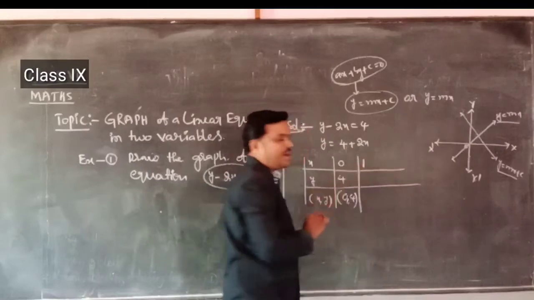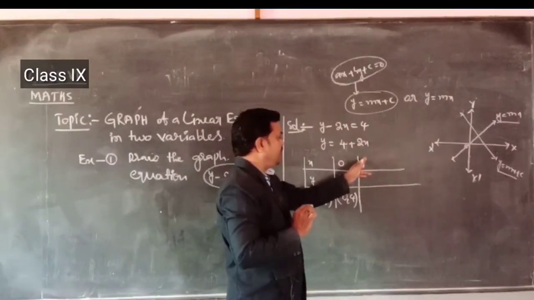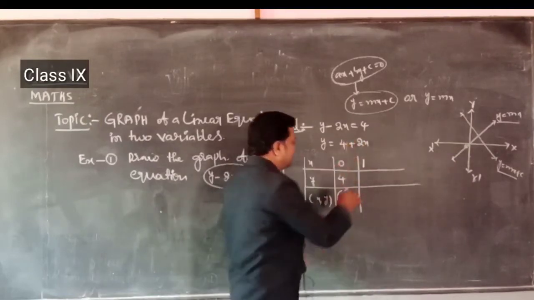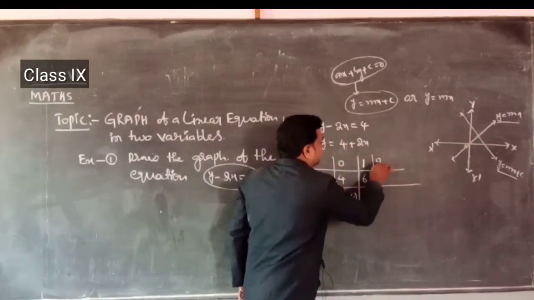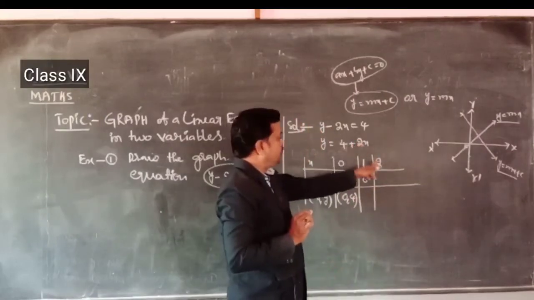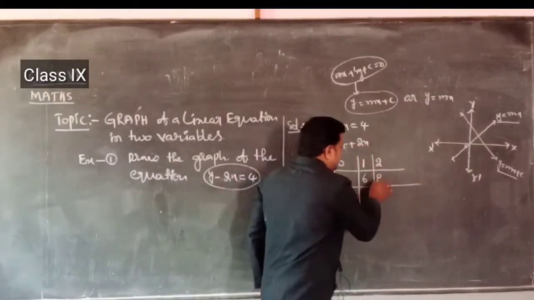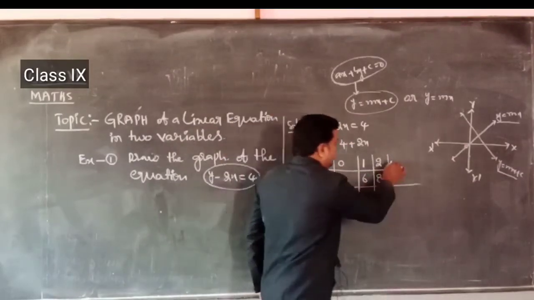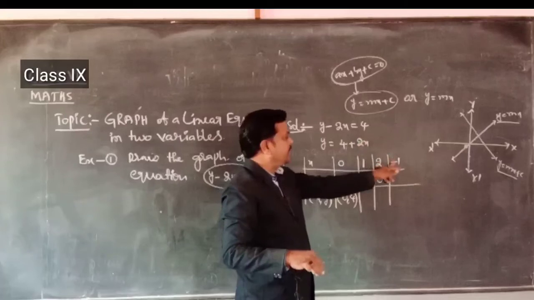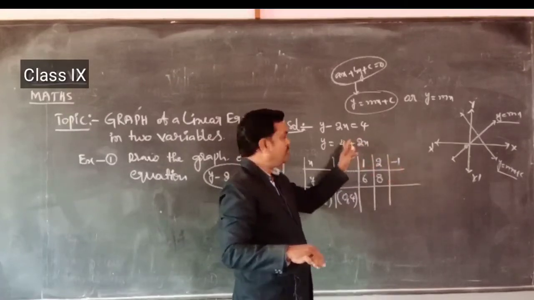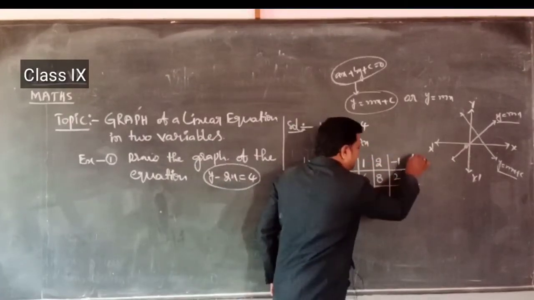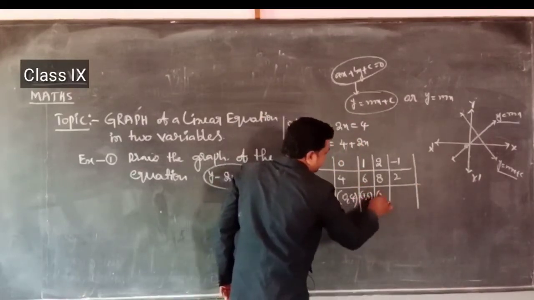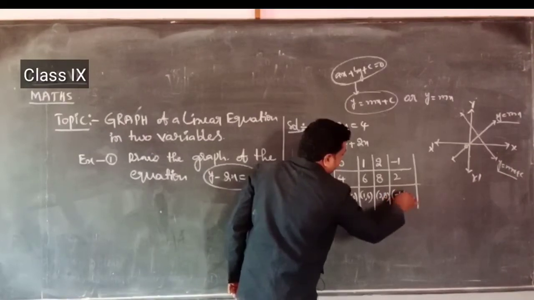Second, take 1: 2 into 1 is 2, 2 plus 4 is 6. Next 2: 2 into 2 is 4, 4 plus 4 is 8. Now I am taking the negative integer minus 1: 2 into minus 1 is minus 2, 4 minus 2 is 2. So the ordered pairs are (1, 6), (2, 8), (minus 1, 2).